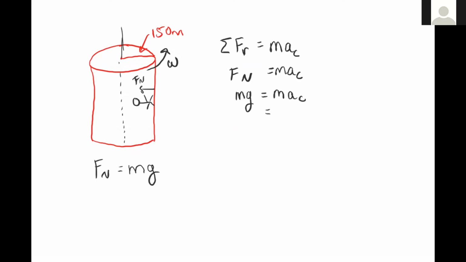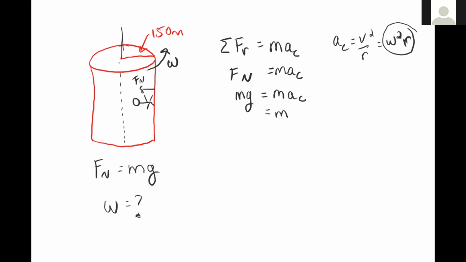Now remember, we can write our centripetal acceleration as v squared over r, or omega squared times r. In this situation, it makes sense to use the second formulation because we're looking for what angular speed we need to spin up the spacecraft so that we can mimic gravity here on Earth.